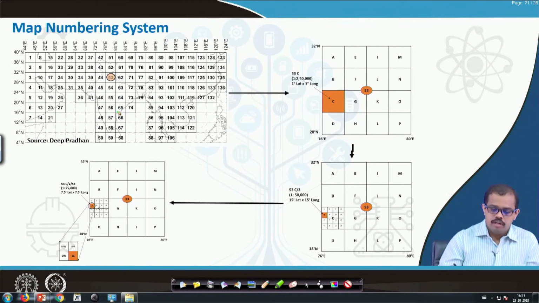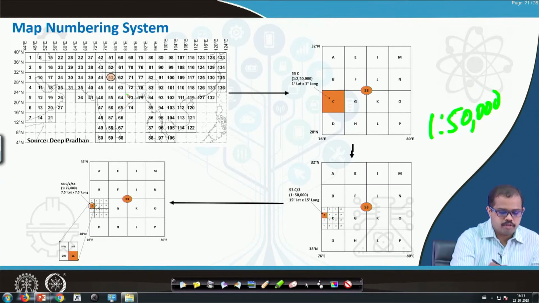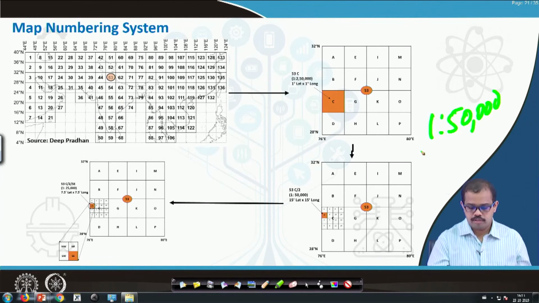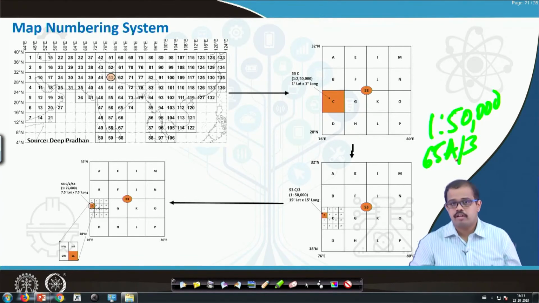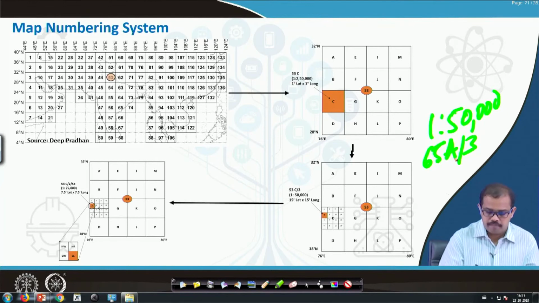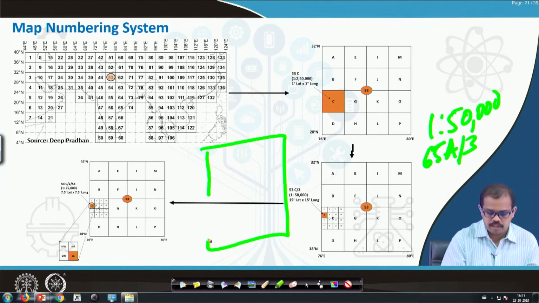Now, when a person is trying to work on a 1:50,000 map, if we consider the map number to be closer to, let us say, 65, then when I am writing this 50,000 map, it may be 65A/3. Okay, this is a map for Hyderabad. So someone has already selected a map which is a 1:50,000 map.